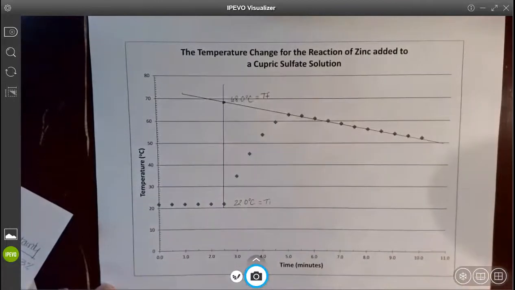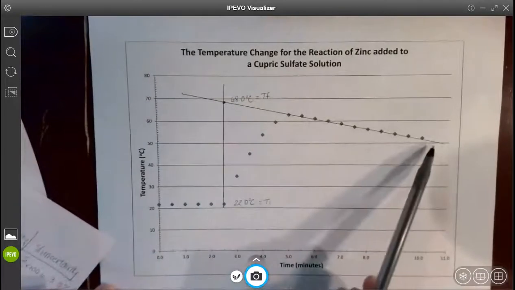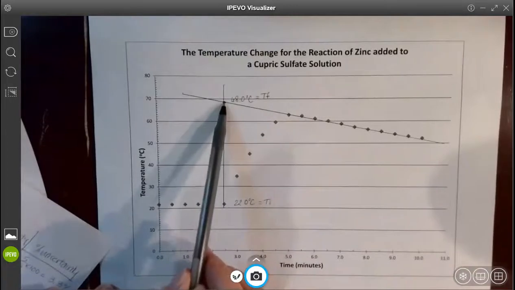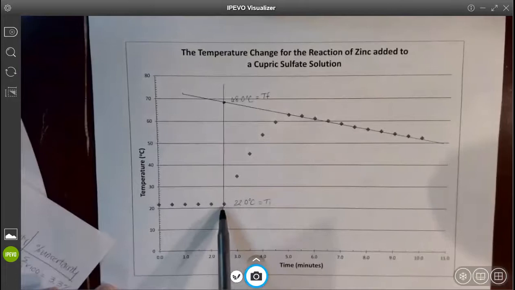The way that we try to estimate the amount of heat that was lost and what final temperature we might have reached is by extrapolating that cooling curve back to the instant we mixed the chemicals, which is right about here.